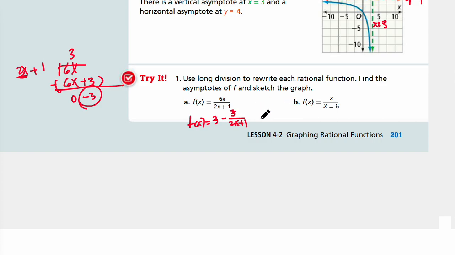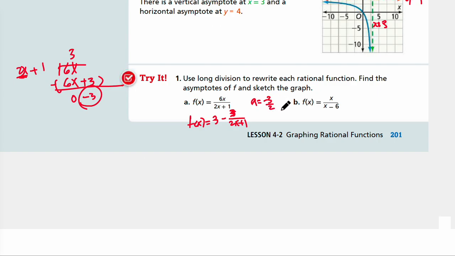So this is your new form, and looking at this, you can easily see your a, h, and k. A is negative 3. Actually, you have another a here, so you have a horizontal compression as well. I'm going to write a together: it's negative 3 over 2.